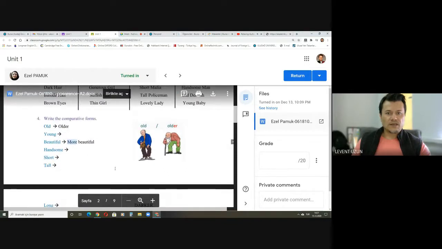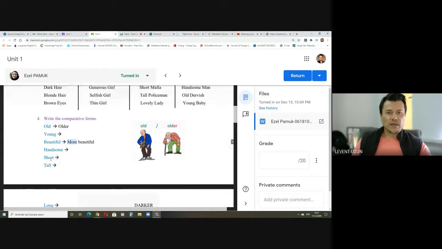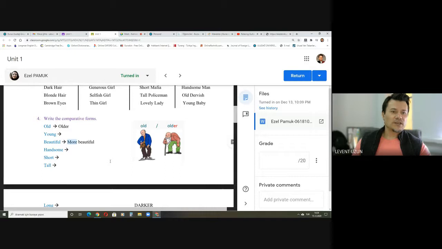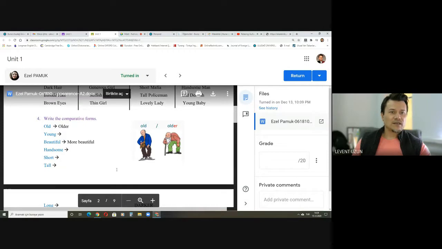So I guess there is no problem with this one, except the thing that with this activity, you don't only teach the comparative form, but you also teach old and older. Do you understand? So when I look at this picture, I understand that old is yaşlı, and it could be in any language. This could be in French, this could be in Russian or Korean. If I saw that picture, if I saw these words here, I would understand that it is yaşlı.